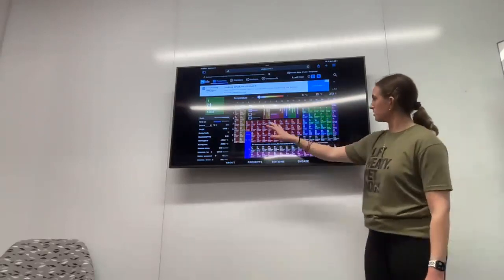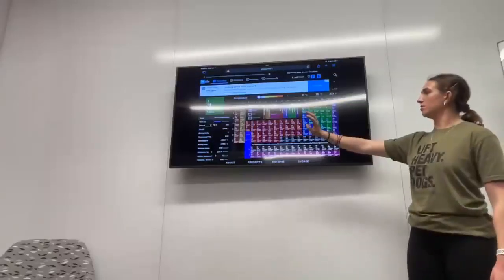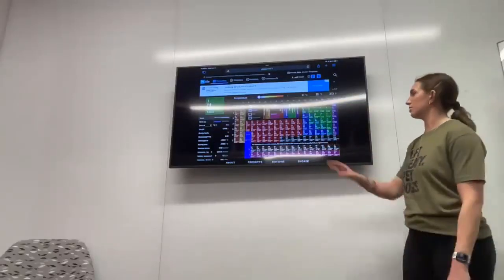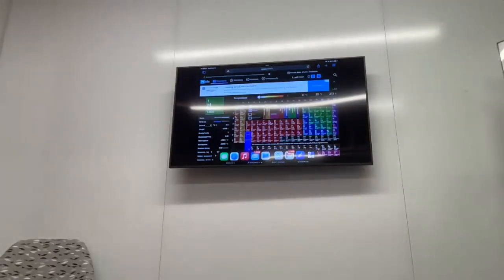So let's look at copper. If we were to fill in its electron configuration, how would we write that notation? The whole thing, I guess, using the noble gases. Okay. Well, I thought it was going to be argon 4s2 3d9. Okay, awesome.